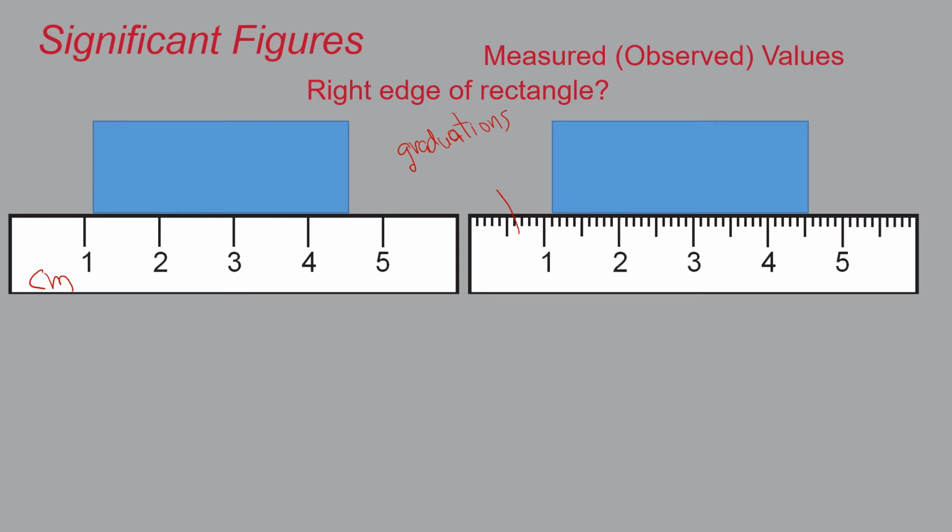And in particular, we rank them by the smallest space between two graduations. So for example, the ruler on the left here would be said to have 1 centimeter graduations because there is 1 centimeter between lines.